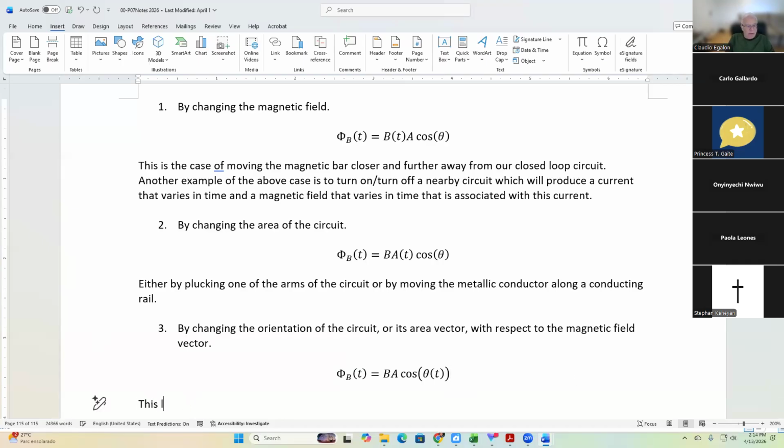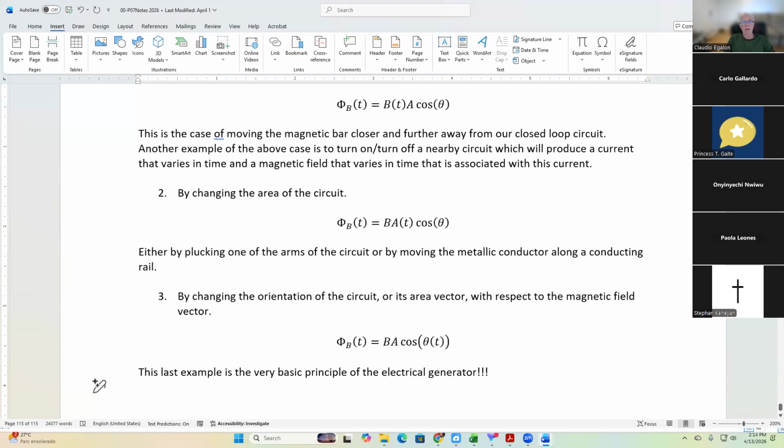And that's this last example. This last example is the very basic principle of the electrical generator. So if you want to generate electricity, all you have to do is to put, for instance, a closed loop circuit rotating in a magnetic field.